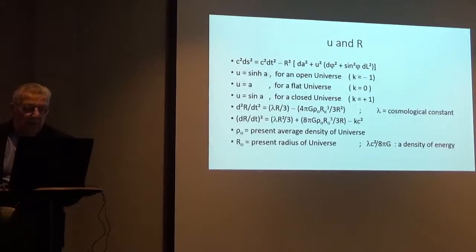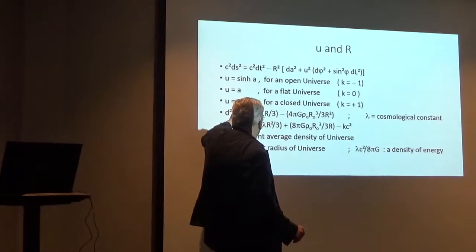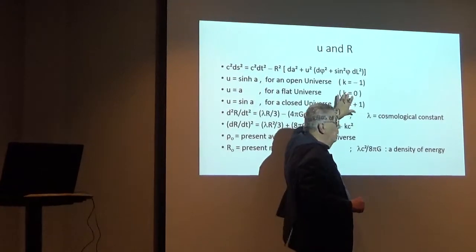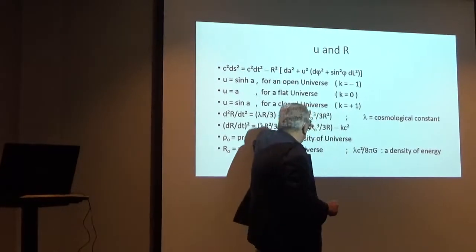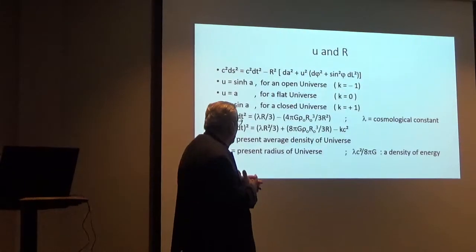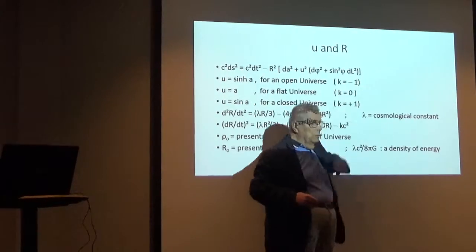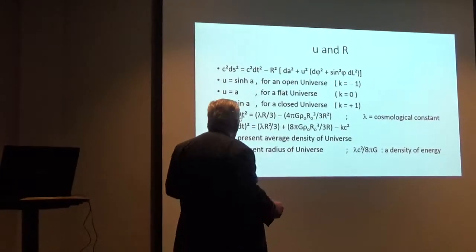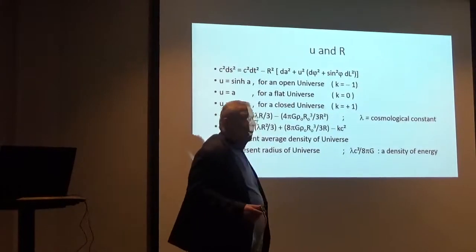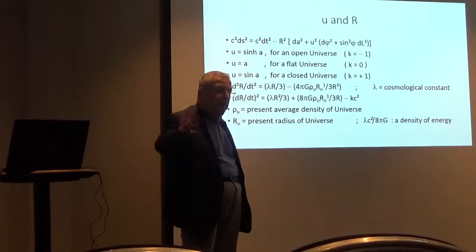And it gives this u, that parameter u is either sinh or sin according to the shape of the universe: open, flat, and closed. In that case, it's a hypersphere, with the usual coordinates on a hypersphere, the angle A, the colatitude phi, and the longitude L. You have here the evolution of the quantity R that is called the radius of the universe, and that is really the radius of the universe in a closed case, since it is a hypersphere.